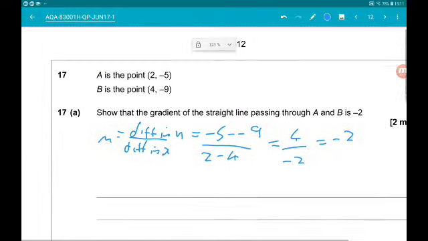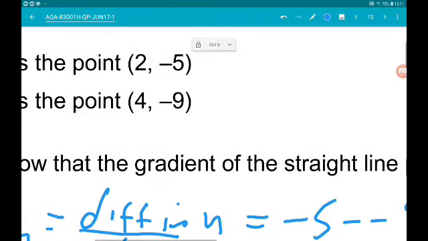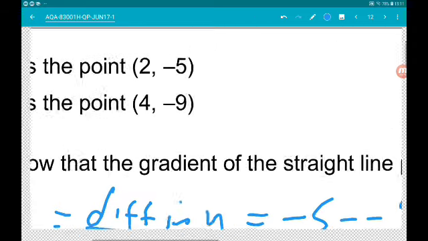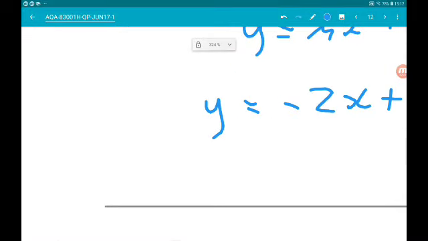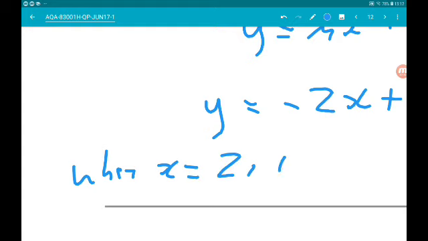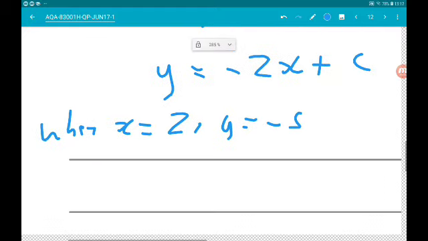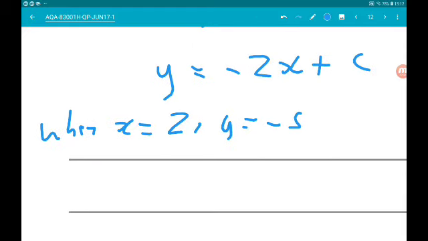So to find c, we substitute in one of the pairs of coordinates. So let's go (2, -5). So we know then when x is equal to 2, y is equal to minus 5. So we get y, which is minus 5, is equal to 2 times 2, which is 4, add c.